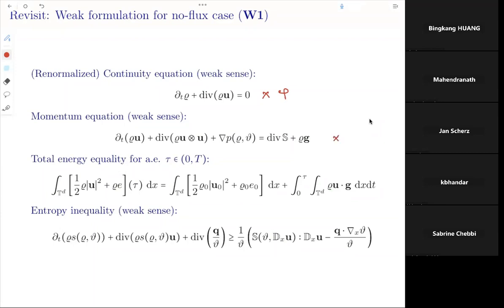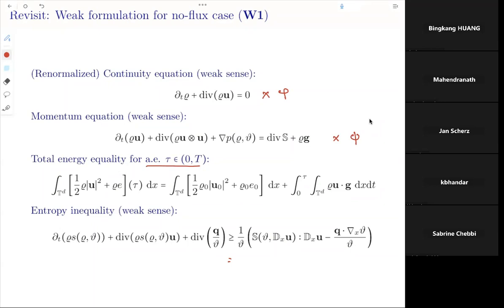Similarly, you can do this for the momentum equation, and you have a total energy equality. For almost every tau, you have the following equality. And you have the entropy inequality in the following weak sense. So this is for the conservative case, or the no flux case, where you can have the following weak formulation.